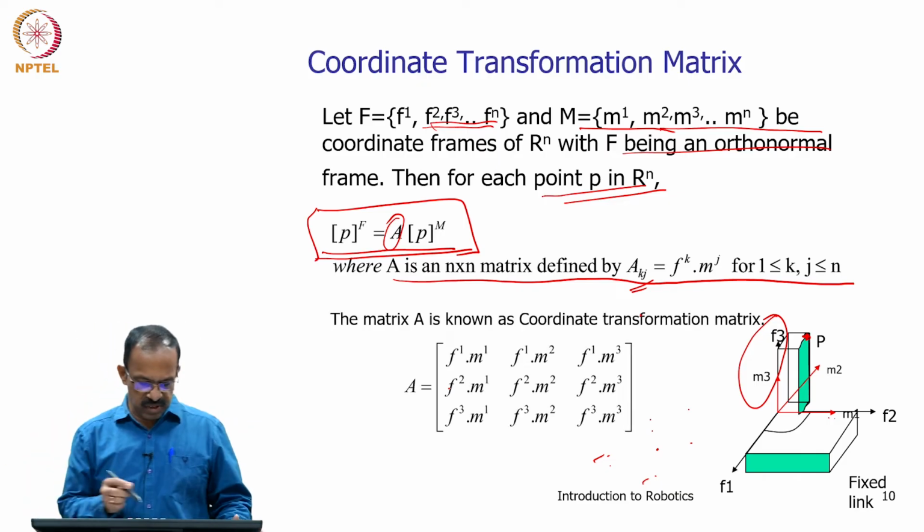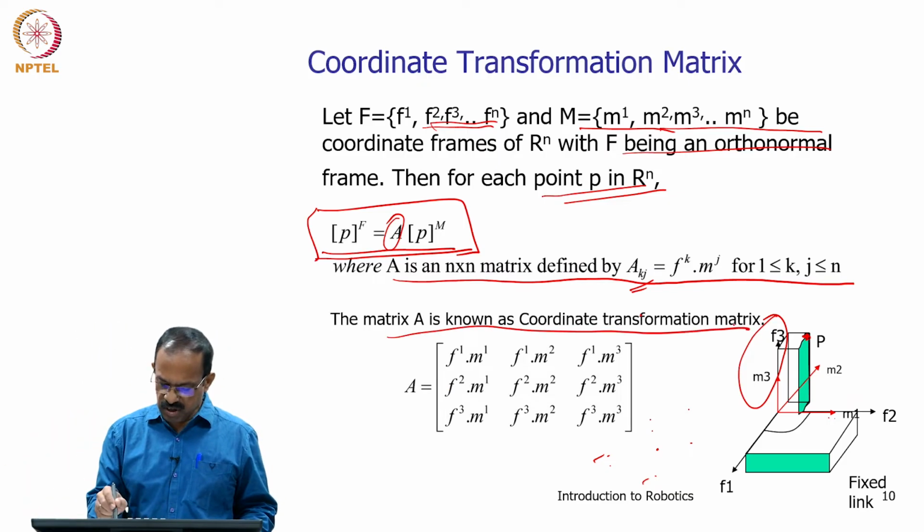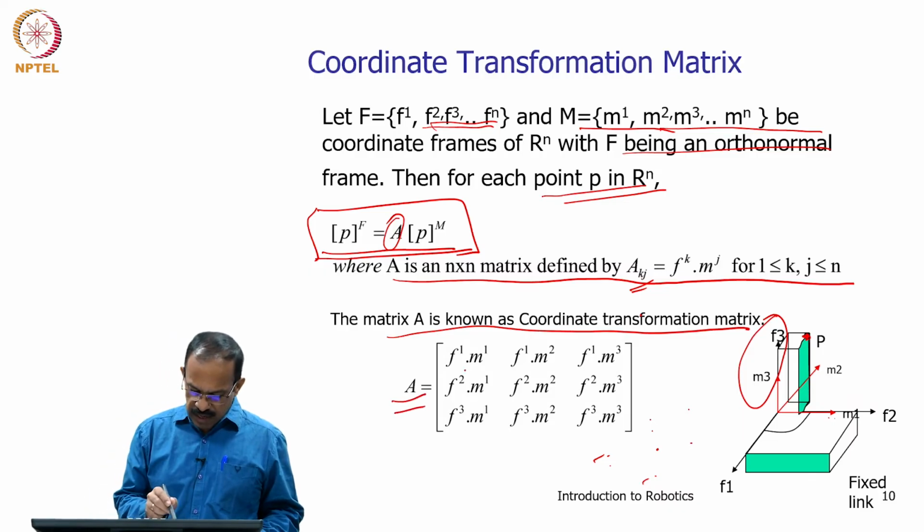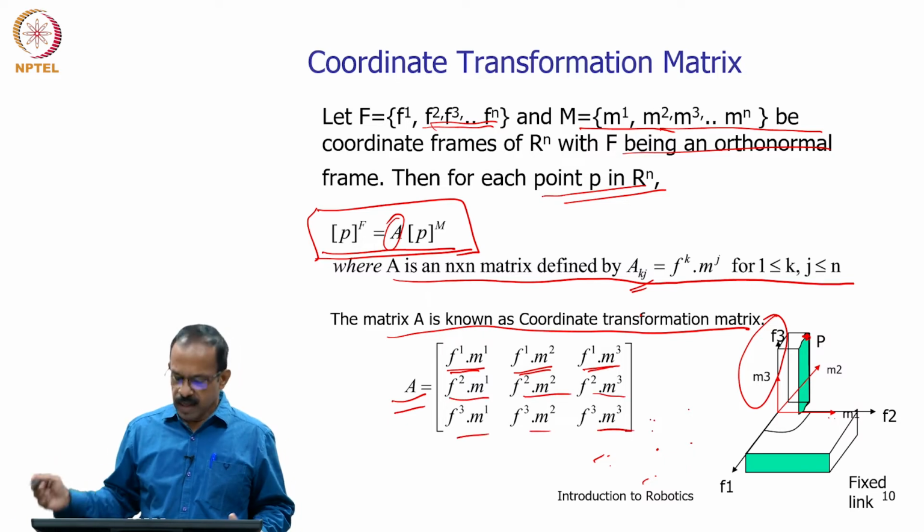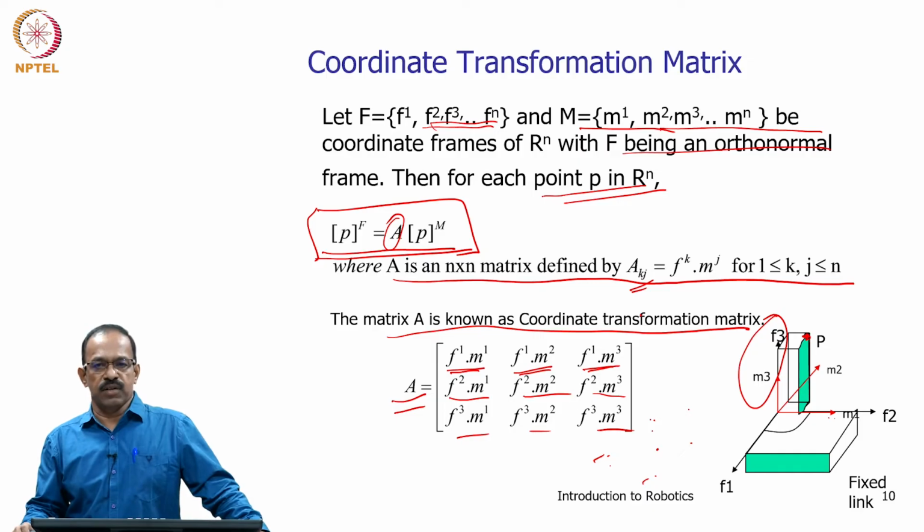Okay. So, the matrix A is known as the coordinate transformation matrix and A is given as F1 dot M1, F1 dot M2, F1 dot M3. Similarly, this one also. So, this is known as the coordinate transformation matrix.